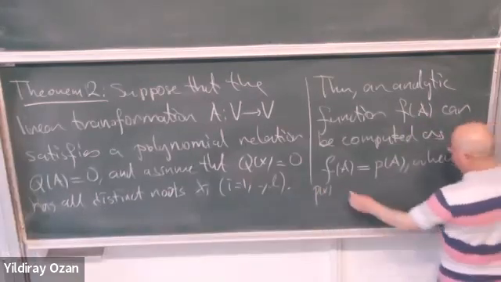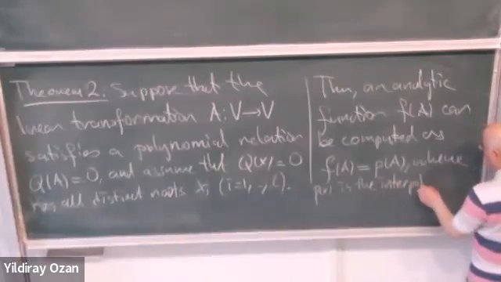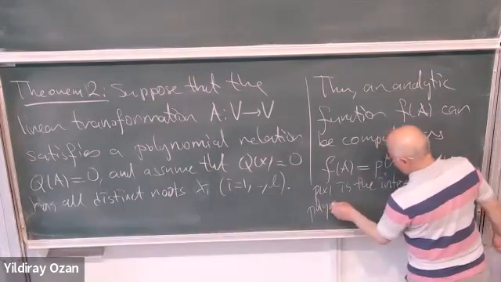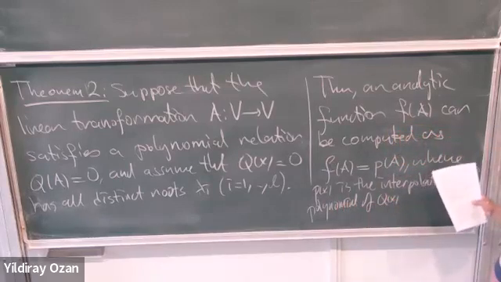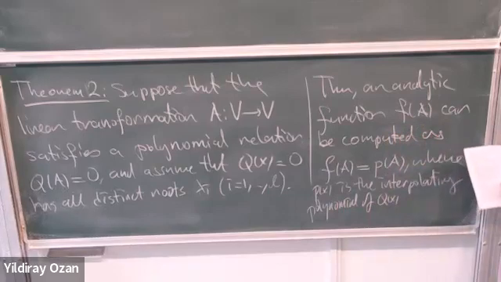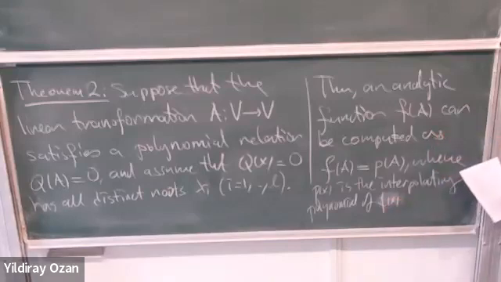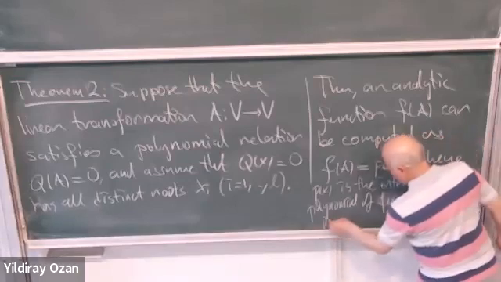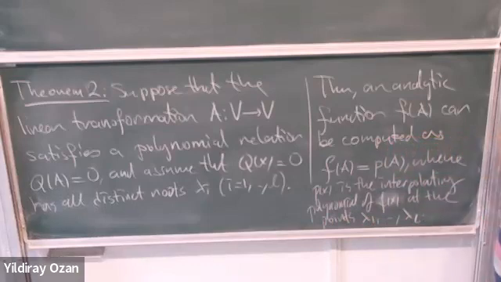P of x is the interpolated polynomial of Q of x, pardon, f of x, at the points lambda 1 up to lambda L. And the statement is the same.